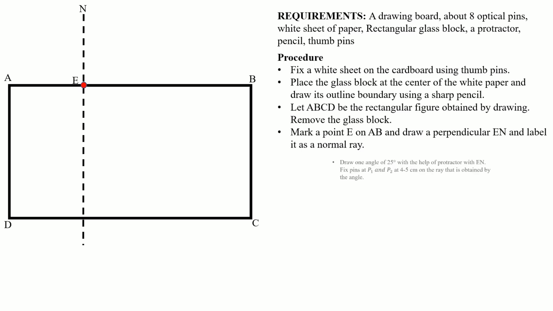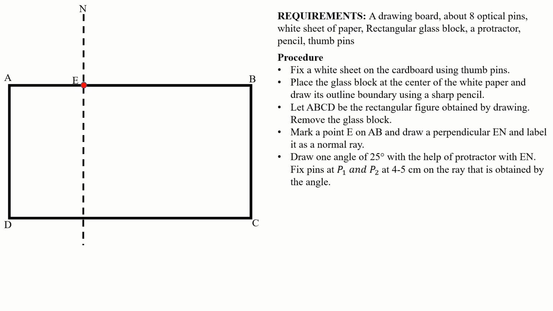Now the next step is we should draw an angle of 25 degrees with EN with the help of a protractor. Then we are going to fix pins P1 and P2 maybe 4 to 5 centimeters away from each other, obtained by measuring the angle. Note that when you are dealing with a mainstream, you are going to be given a procedure like this to follow, and then you have to vary the angle of incidence.